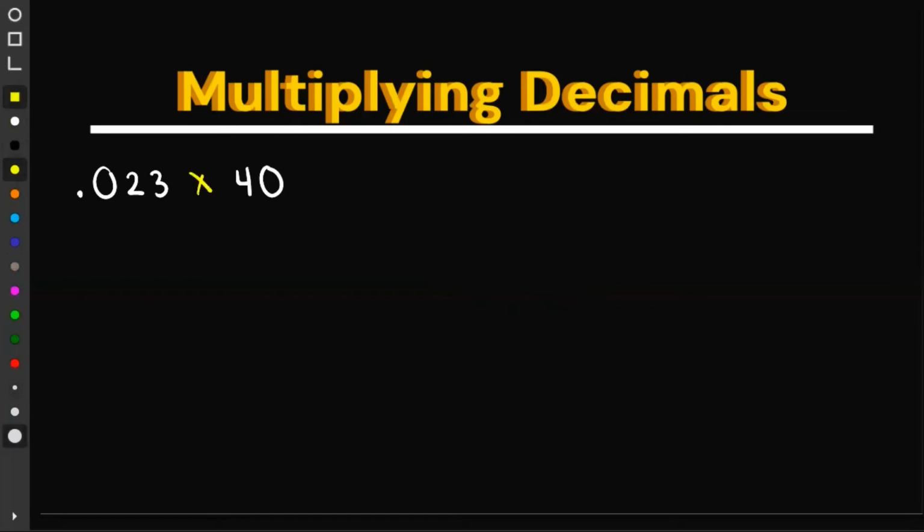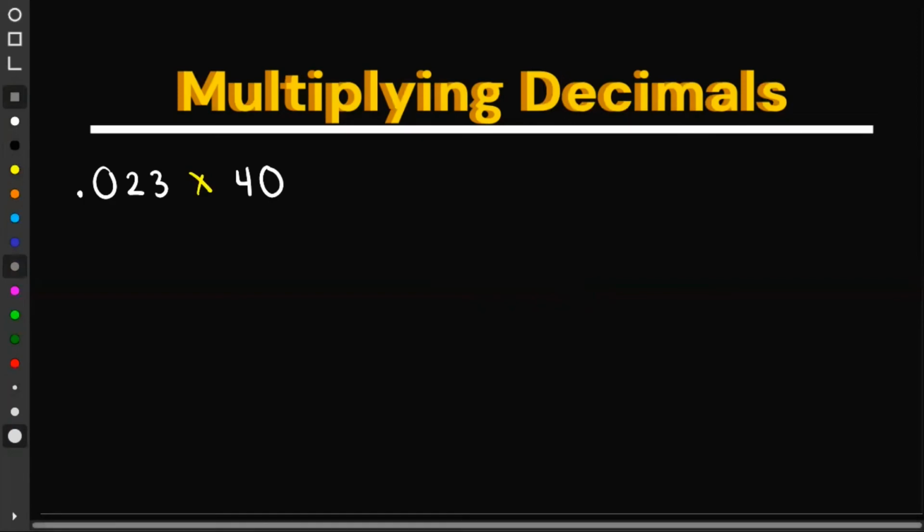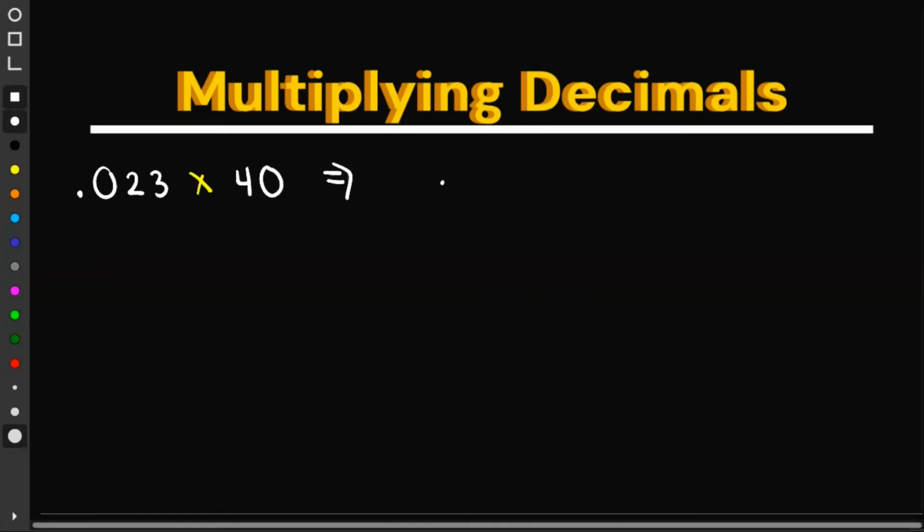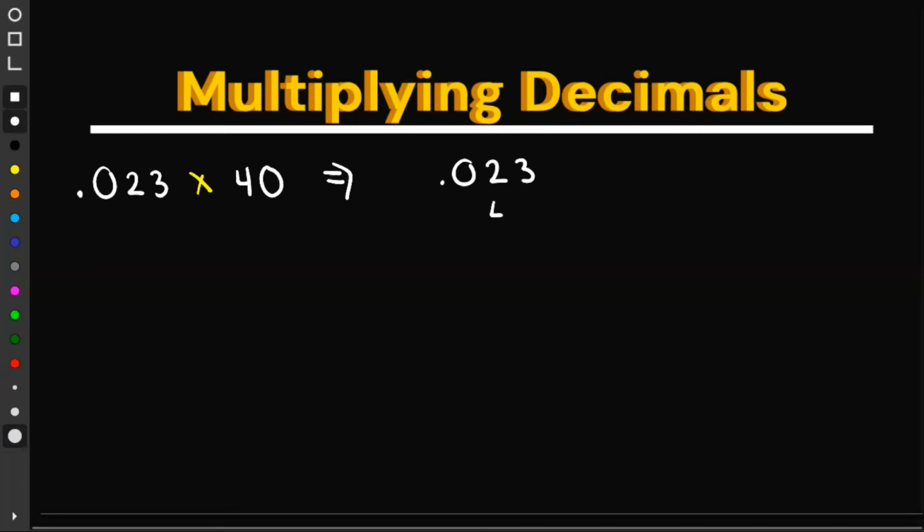By the way, the reason that I'm changing the operation to a different color is to avoid confusion, since the multiplication symbol is similar to x, so it looks like a variable. So just to note that it's an operation. So we have this done as 0.023 times 40.